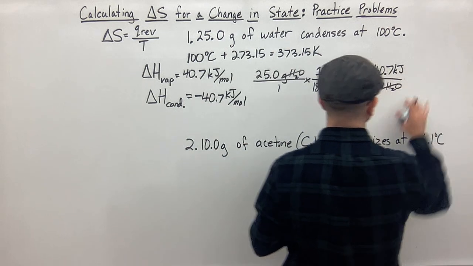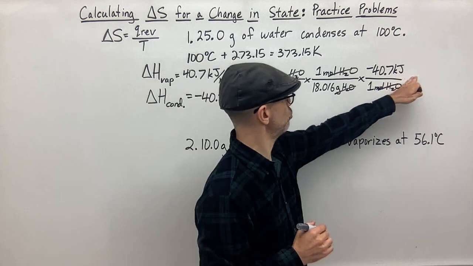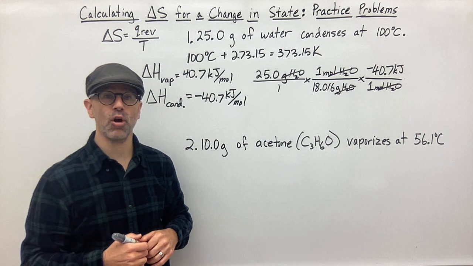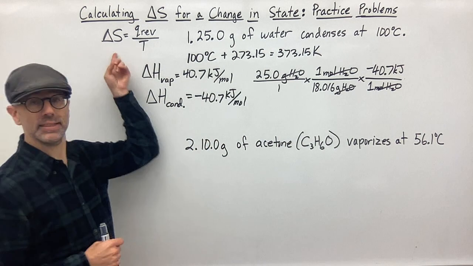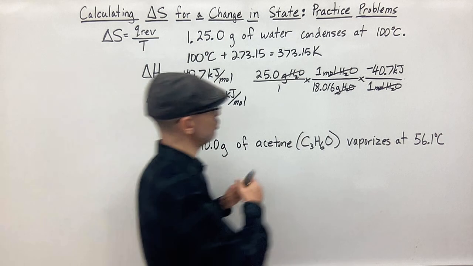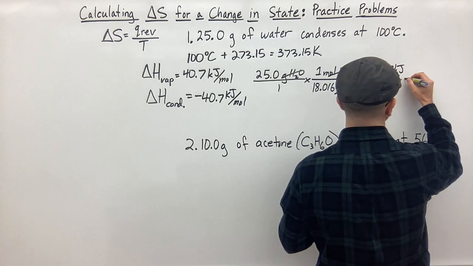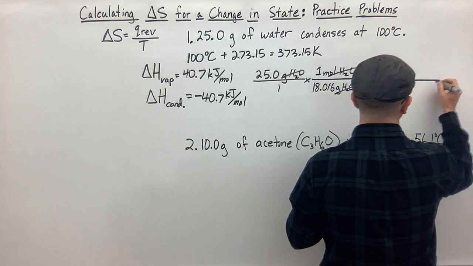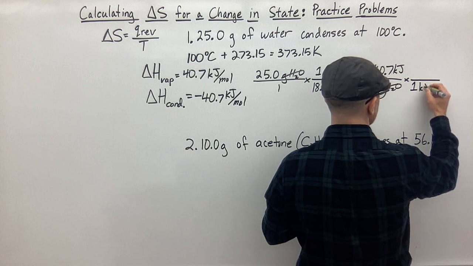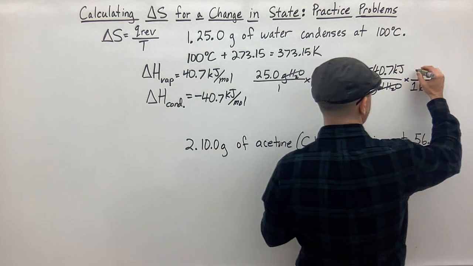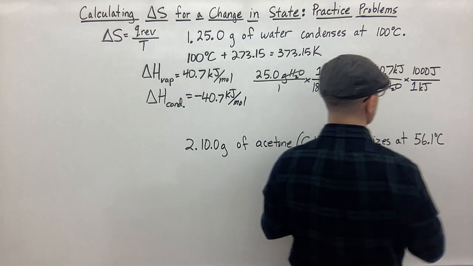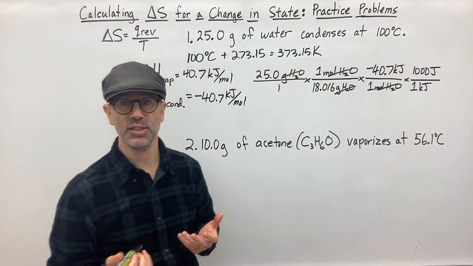Before we do that, we need to calculate this in joules. It's important to remember the units of your delta S. Delta S is in joules per Kelvin, so we need to convert this to joules. We're not done yet. We need one more step: converting kilojoules to joules. Here we have 1 kilojoule, and that's equal to 1,000 joules of energy.